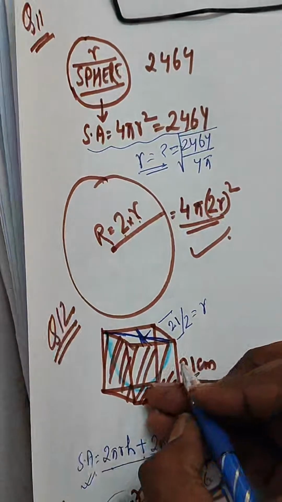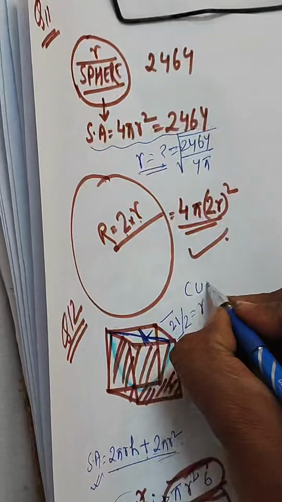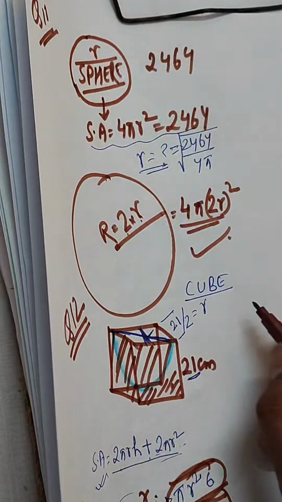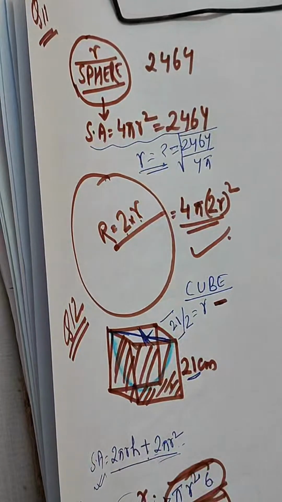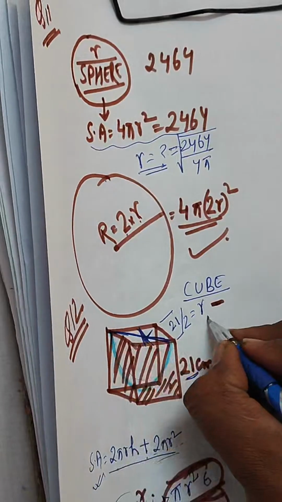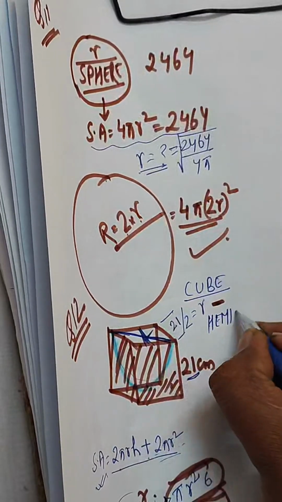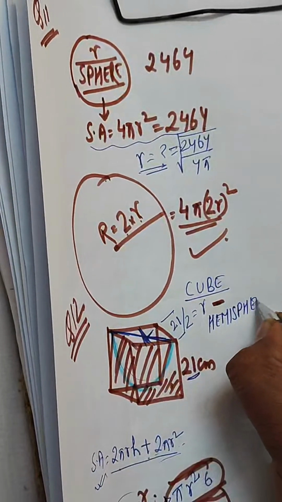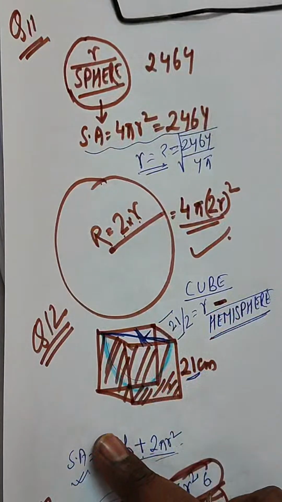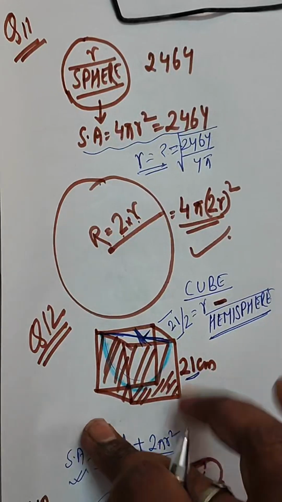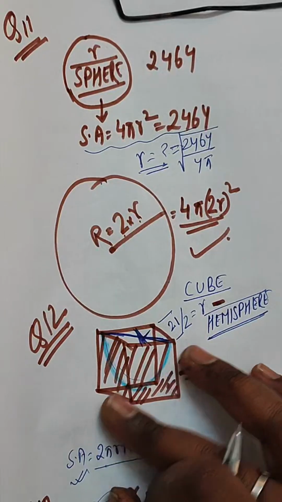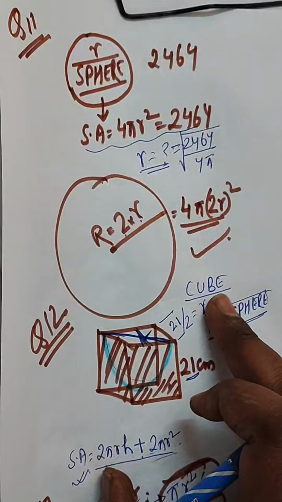So the hemisphere is carved out from the cube. The cube is given to you, right? From it, subtract the volume of the hemisphere, and you will get the remaining volume. Find the surface area and volume of the remaining piece. So volume can be calculated like this.